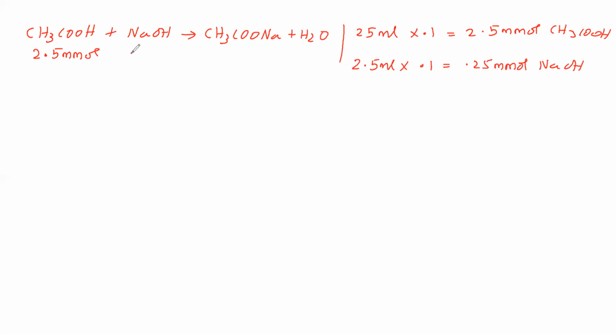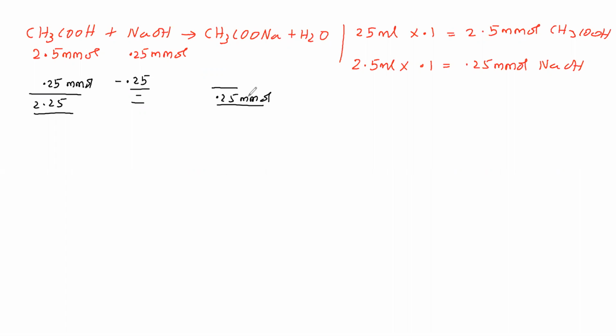Now, 0.25 millimole of sodium hydroxide will react, therefore the remaining is 0. 0.25 millimole of acetic acid will react, therefore the remaining is 2.25 millimole. 2.25 millimole of acetic acid remains. And 0.25 millimole of sodium acetate is formed.